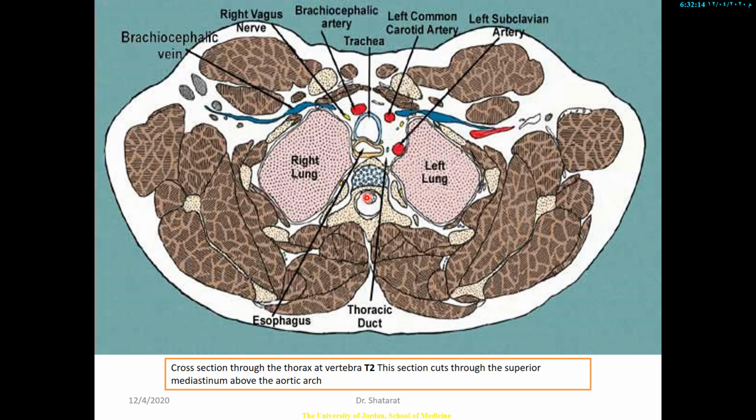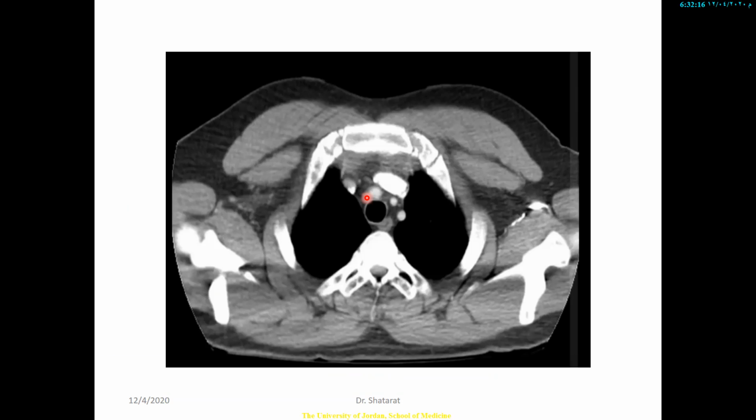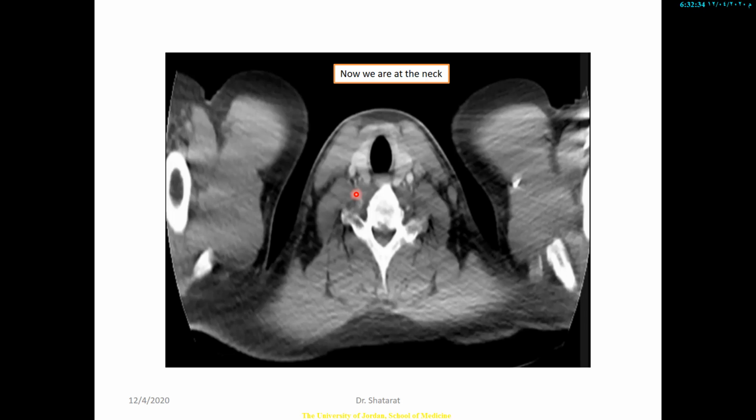Now, if you go at the level of T2, certainly you would begin to lose even the branches of the brachiocephalic veins, especially the right one, but it's evident here. And now we are at the neck. I can see the shoulders here, and just the trachea.